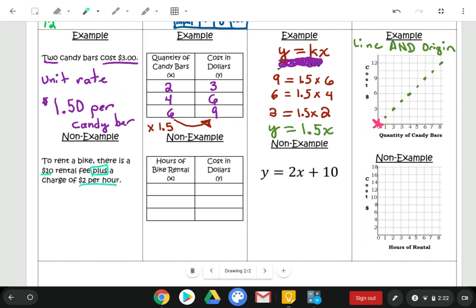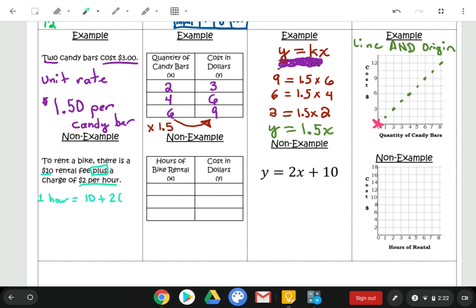Now, I want you to think about this. If I go to purchase a bike just for 1 hour, right? I'm going to have to pay that $10 plus I'm going to have to pay that $2 for that hour, right?